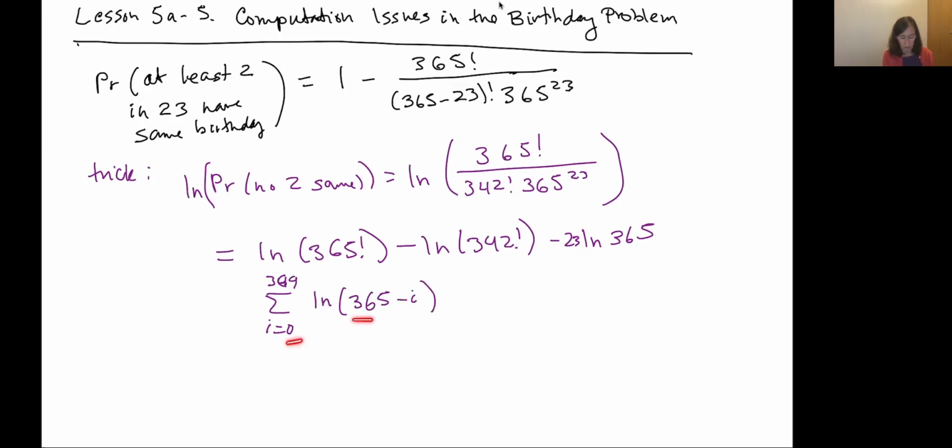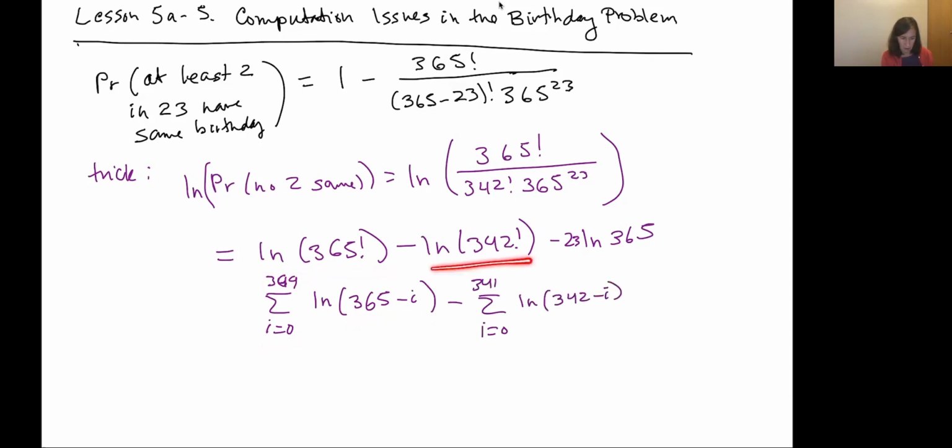So when i is 0, it's the log of 365. When i is 1, it's the log of 364, all the way down to when it's 364, it's the log of 1, which is 0. So that's this term, minus the sum as i goes from 0 to 341 of the log of 342 minus i.